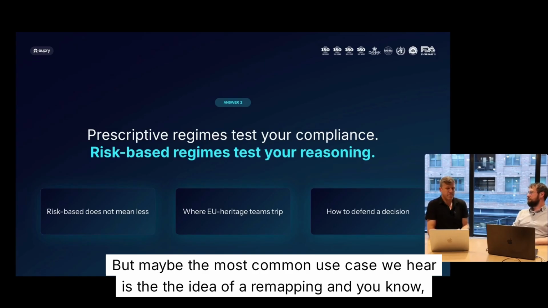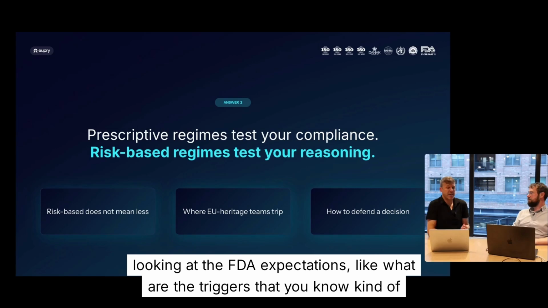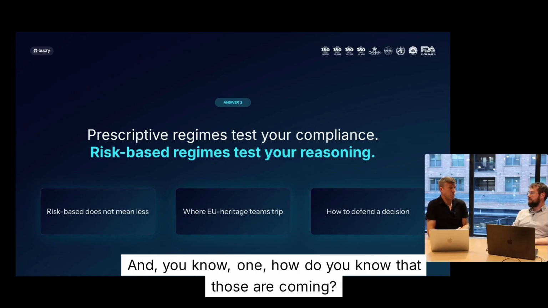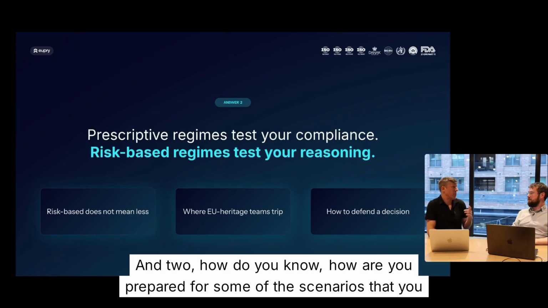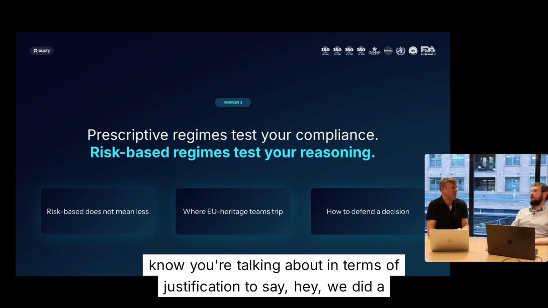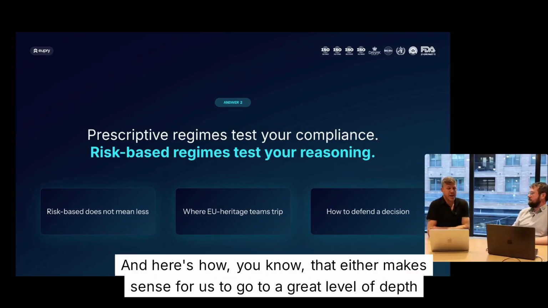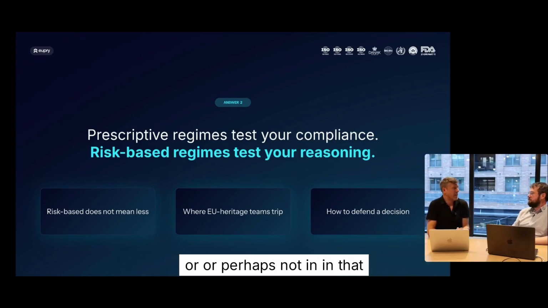And looking at the FDA expectations, what are the triggers that push you towards an FDA expectation of a remapping at this point? One, how do you know that those are coming? And two, how are you prepared for some of the scenarios that you're talking about in terms of justification to say, hey, we did a remapping, here's why, and here's how that either makes sense for us to go to a great level of depth or perhaps not in that remapping.